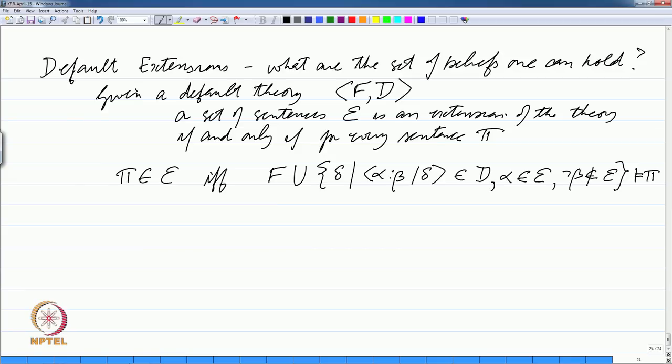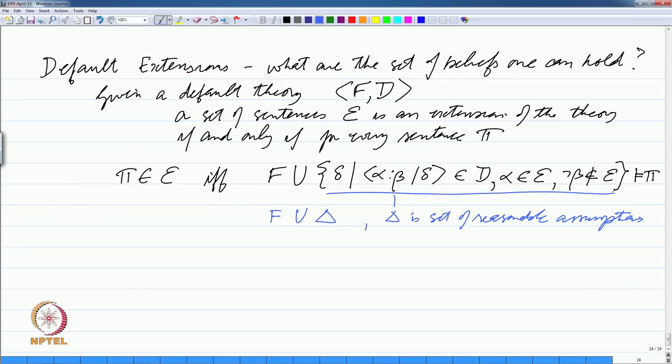So, the extension is made up of all those sentences which are entailed by F union delta, where delta is a set of reasonable assumptions. So, this delta of course will correspond to this set.